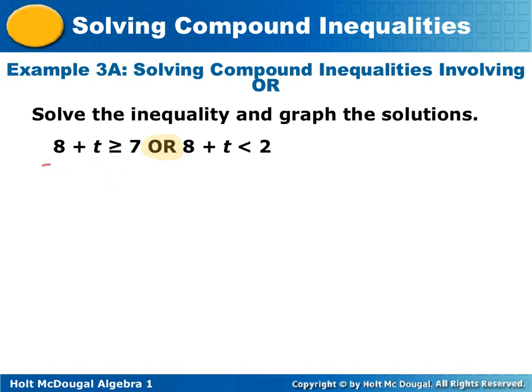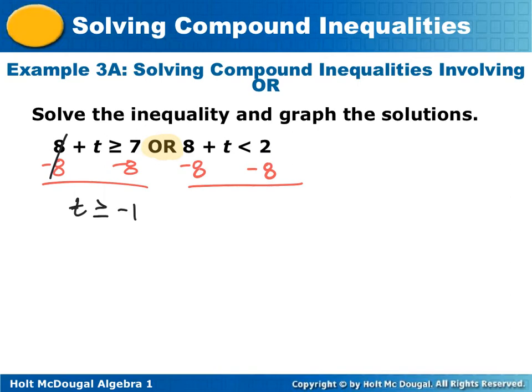So, the first thing I do is subtract 8. Once that happens, t is greater than or equal to -1. Then, you do the same thing over here. You want to get t by itself, so I need to subtract 8.